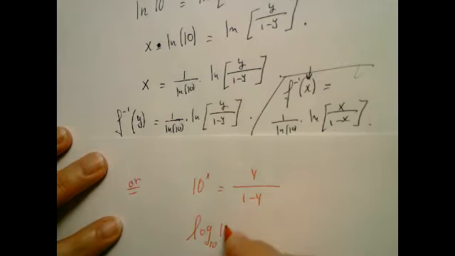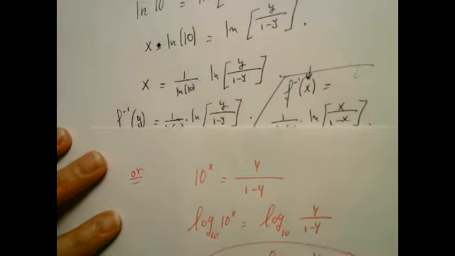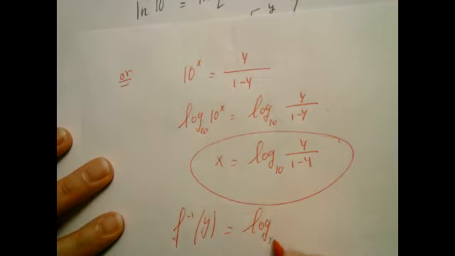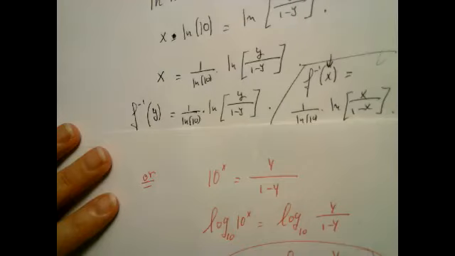It means the common log of 10 to the x, which is log base 10 of y over 1 minus y. And log base 10 of that would give me an x equal log base 10 of y over 1 minus y. So of course you can take the common log. So f inverse of y, another way, you can use either one, and it doesn't matter to me. Both will be absolutely accepted.